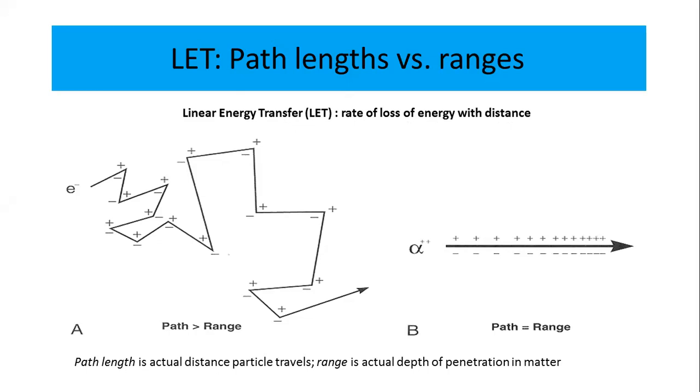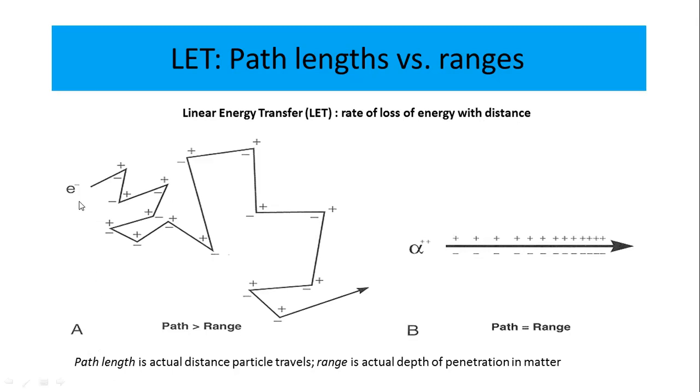Now we are going to conclude their laws, and the important point is that linear energy transfer compares the loss of energy by the different ionizing radiations. It is simply the rate of loss of energy with distance.